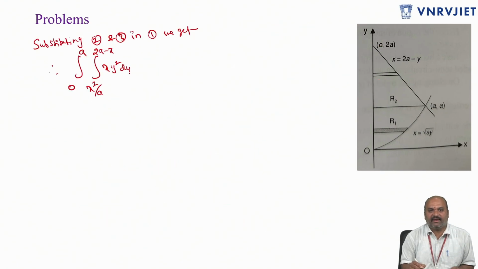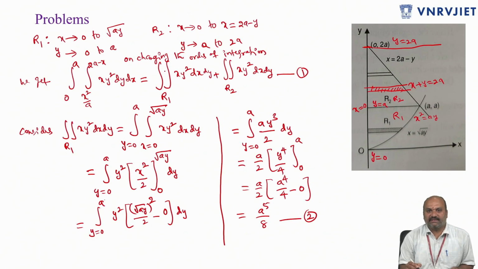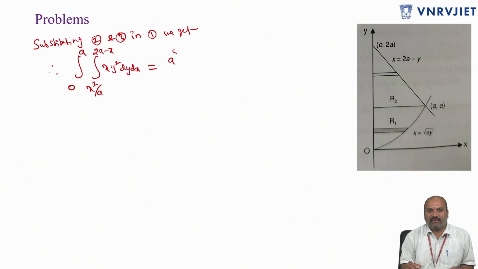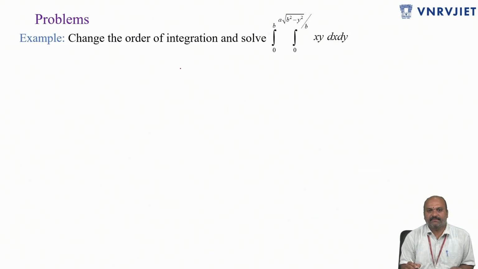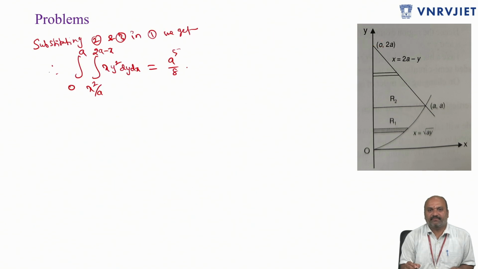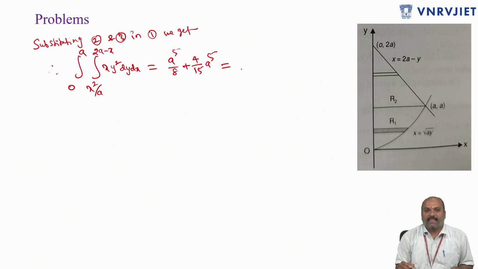xy square dy dx is equal to, what is it? 2 a power 5 by 8, a to the power of 5 divided by 8. Next, it is 4 by 15 a power 5 plus 4 by 15 a power 5. So now let's take the LCM.